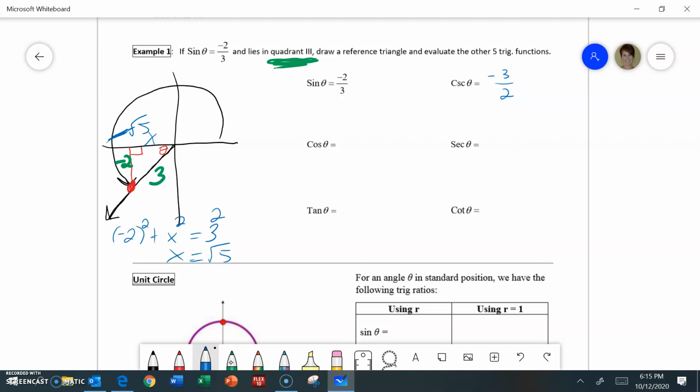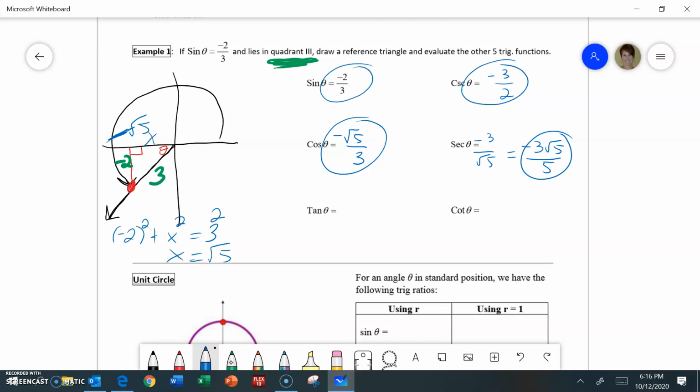I know it's kind of big, to remind you that that needs to be negative radical 5. We went down, and that's how our angle is landing in quadrant 3. So our cosine is actually negative radical 5 over the hypotenuse. Now we're going to take the reciprocal, and once again you need to rationalize your denominator. So you should have negative 3 radical 5 over 5.